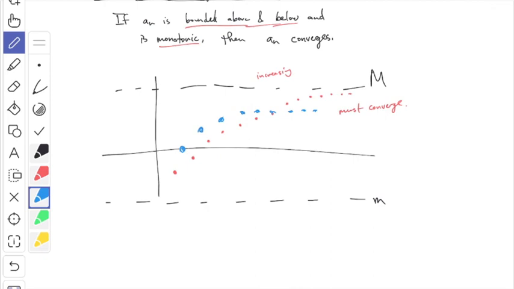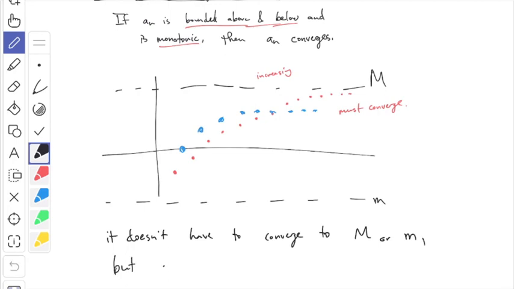So I will just put a note. It doesn't have to converge to the big M or the little m, all right? But must converge to some value in between, or equal to.